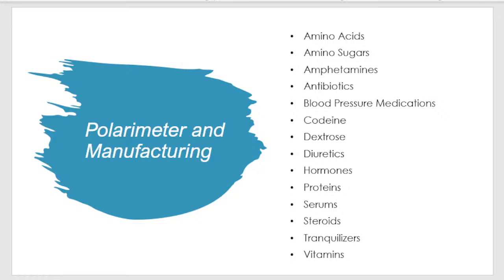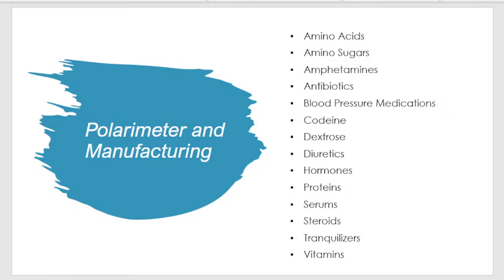Things on the list that polarimeters are commonly used with in production are: amino acids, amino sugars, amphetamines, antibiotics, various blood pressure medications, codeine, dextrose. Like I mentioned before, sugar is a very vague term because it includes different actual sugars and dextrose.